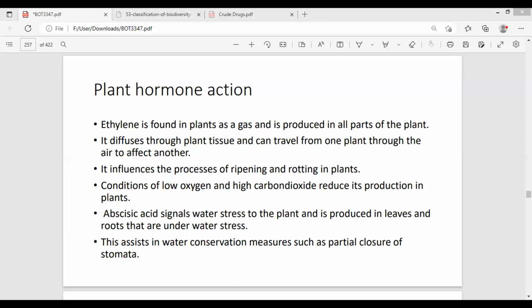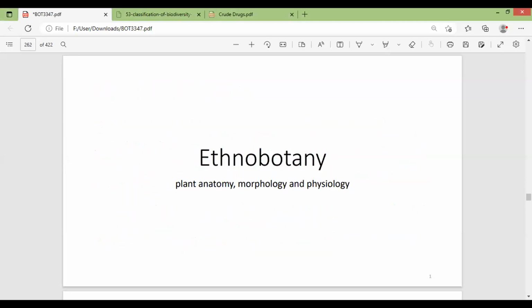So next, for plant hormones, let's go here and just mention them on a blank page. For plant hormones, we've mentioned 6 hormones, right? We started with auxins.